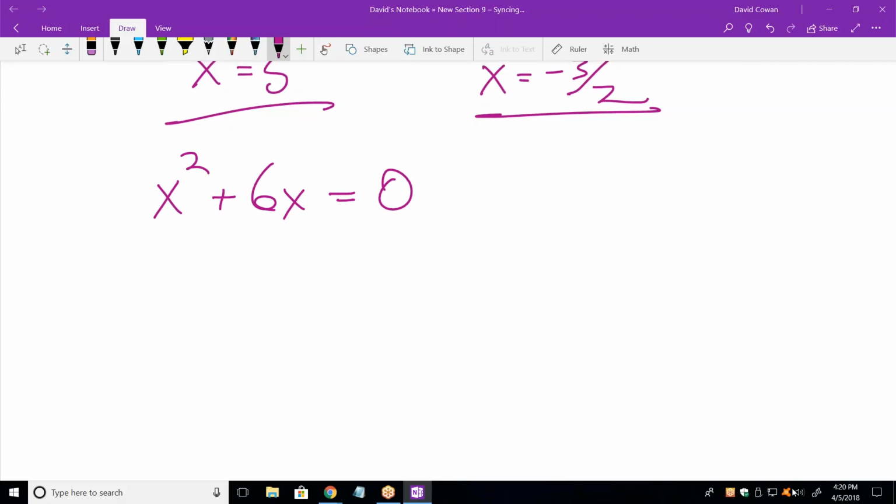This is not quite a normal quadratic. What's missing? We're missing the c in the quadratic formula. The number, we're not missing a number in front of the x squared. It's 1.